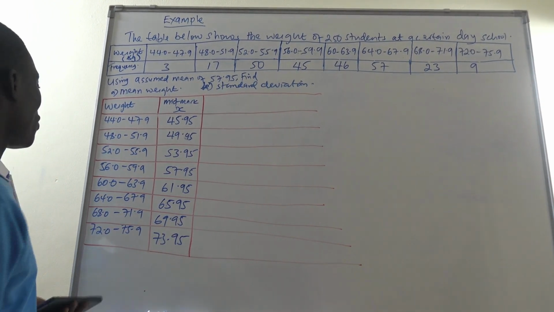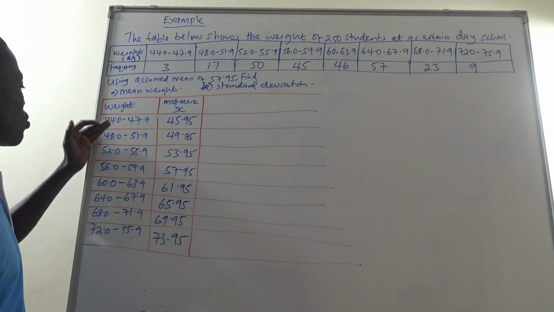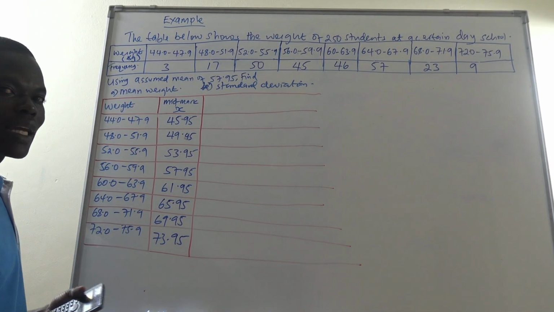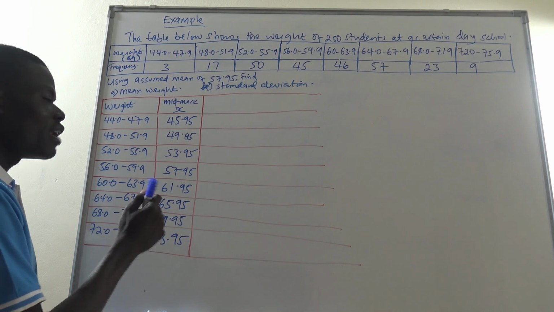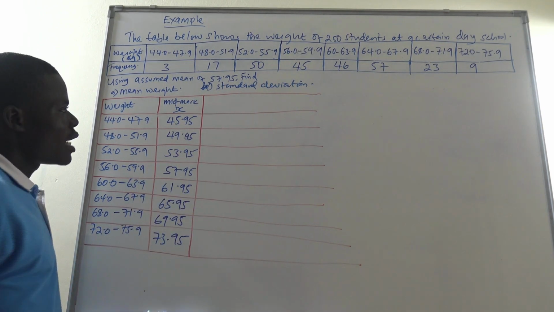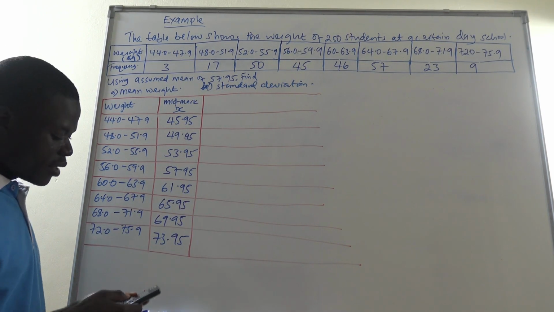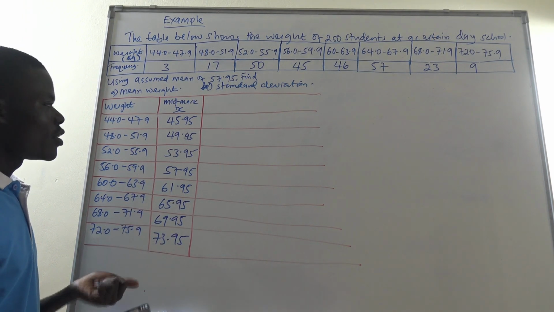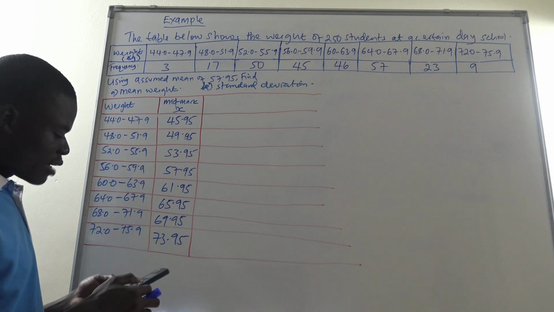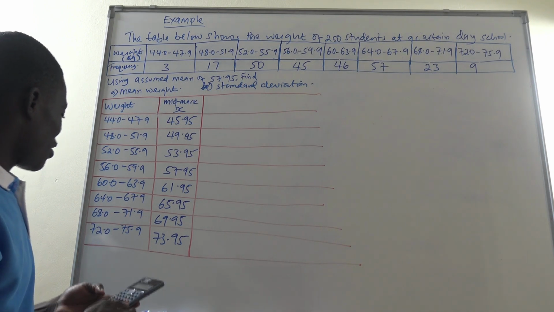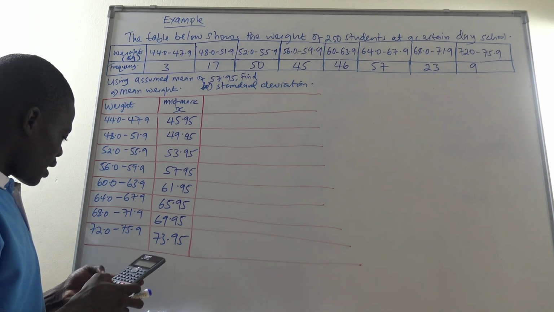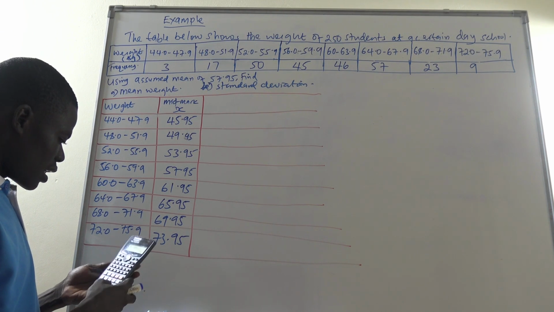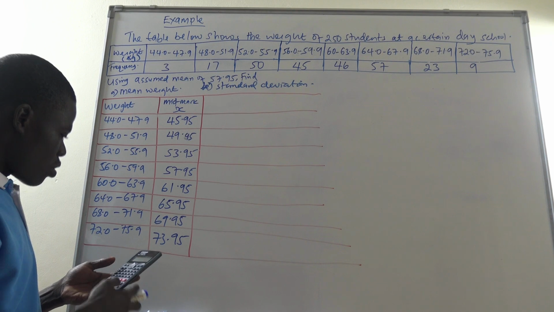If you want to confirm this, just use your calculator. Make sure you work carefully, because if you make any mistake here, the rest of the work will become completely wrong. If you confirm that 72 plus 75.9 divided by 2, you shall get 73.95.